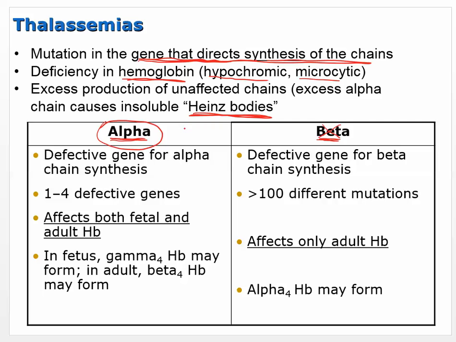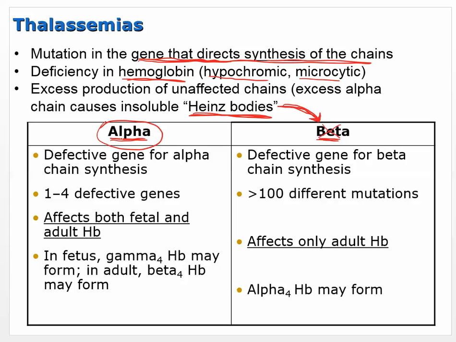If we see the Heinz bodies, that means, ironically, even though they're in excess of alpha, that we know we're having trouble making beta. That's a little backwards, but it makes sense. If we're having a problem making beta, we're going to have a huge buildup of alpha, and the alpha chain excess may produce the Heinz bodies. So that's our indicator for beta thalassemia.